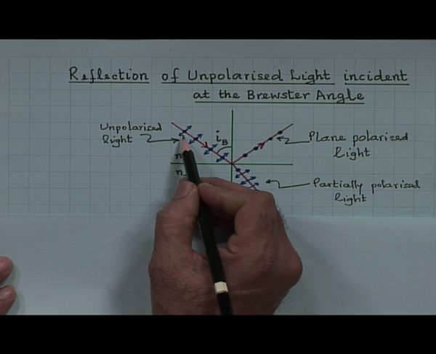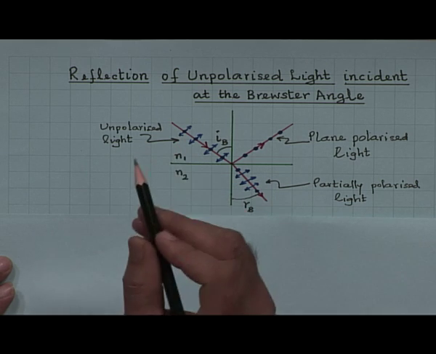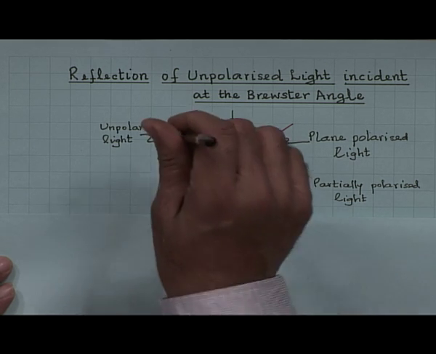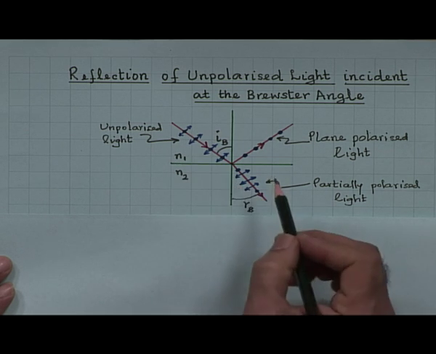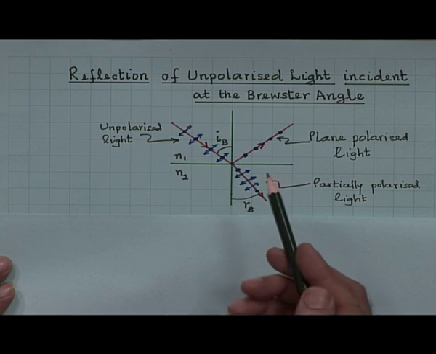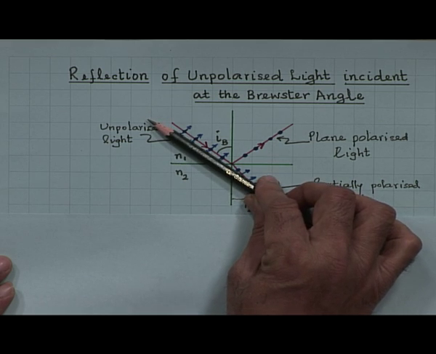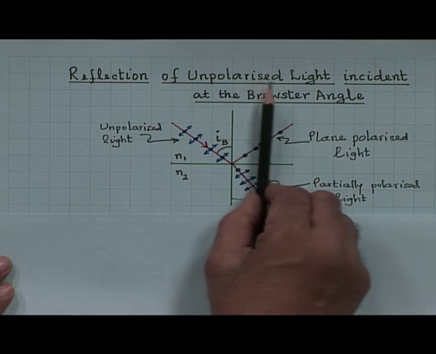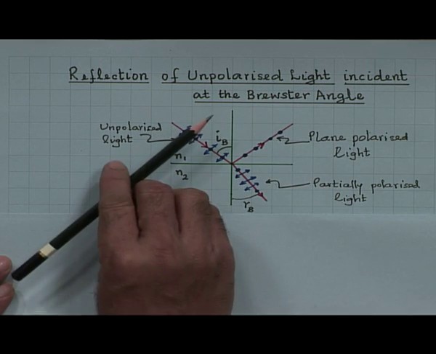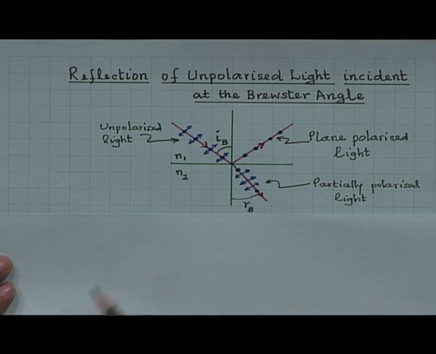We have resolved it into one component perpendicular to the plane of incidence, that is out of the paper, and one component in the plane of incidence. The plane of incidence contains the normal, and the incident and reflected rays.